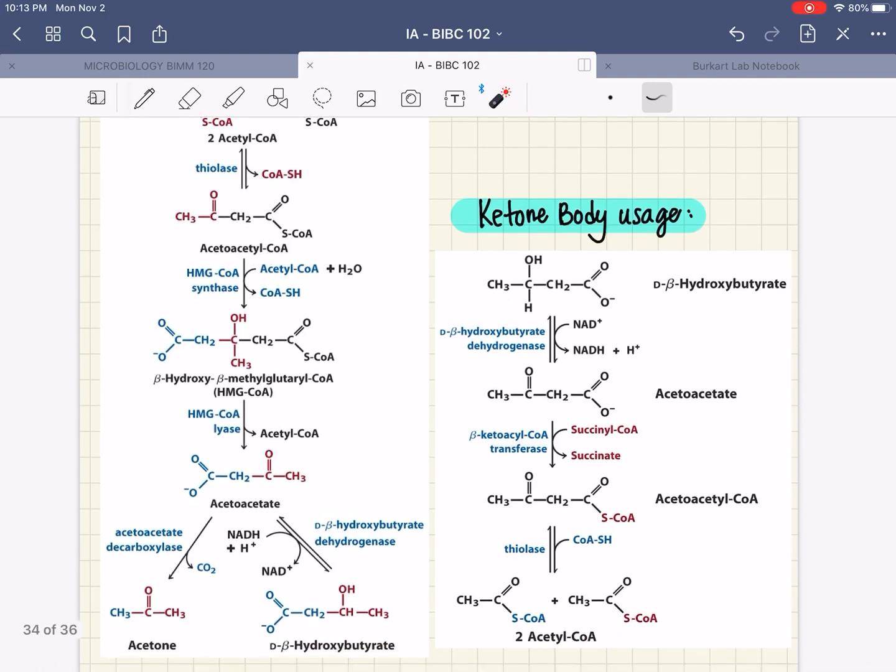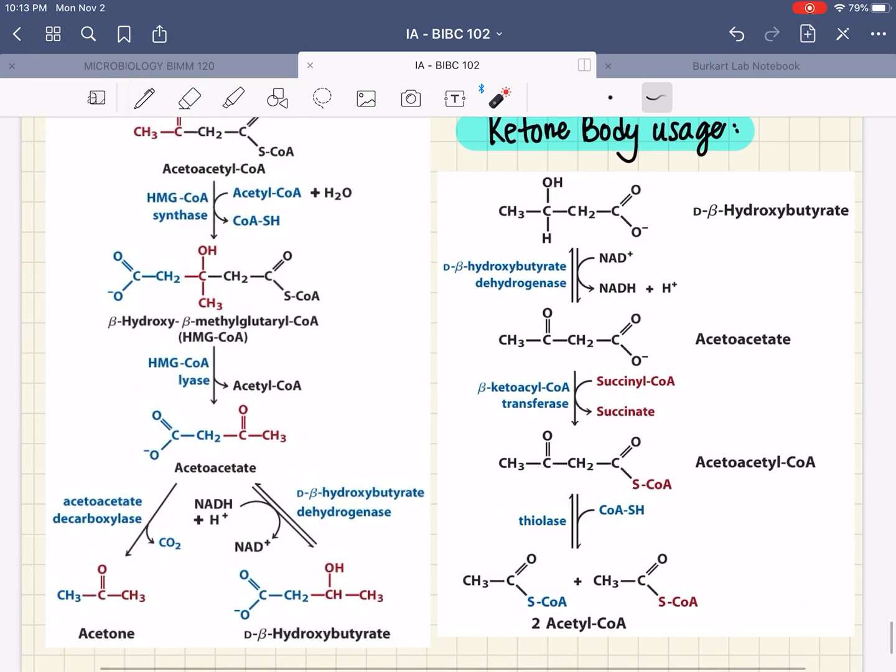And then HMG-CoA lyase cuts away 1 acetyl-CoA group, and we are left with acetoacetate, which is one of the ketone bodies. Later, an NADH can be used to reduce acetoacetate and form beta-hydroxybutyrate, which is catalyzed by this hydroxybutyrate dehydrogenase enzyme.